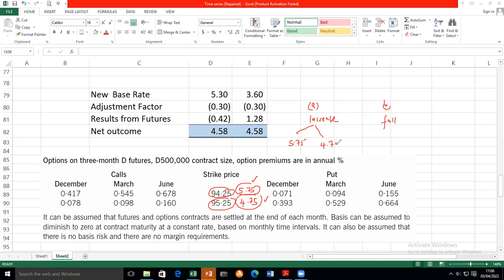So there are 2 options. So A has got 2 options, B has got 2 options. That is how now come we have 4 figures. So this can go with an increase, or this can go with a drop in interest rates.